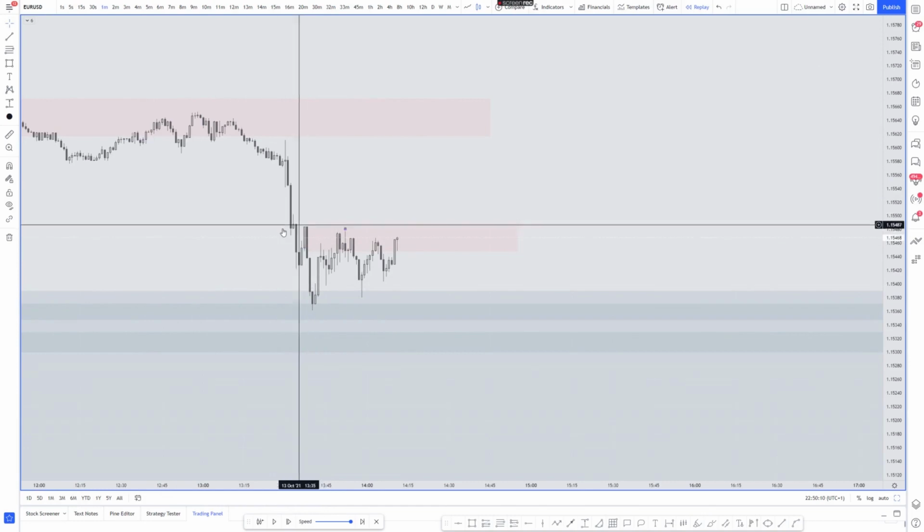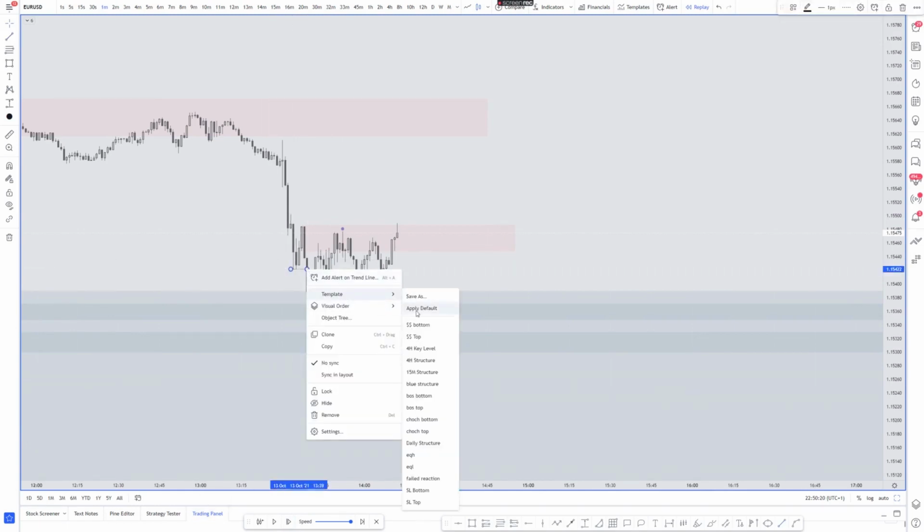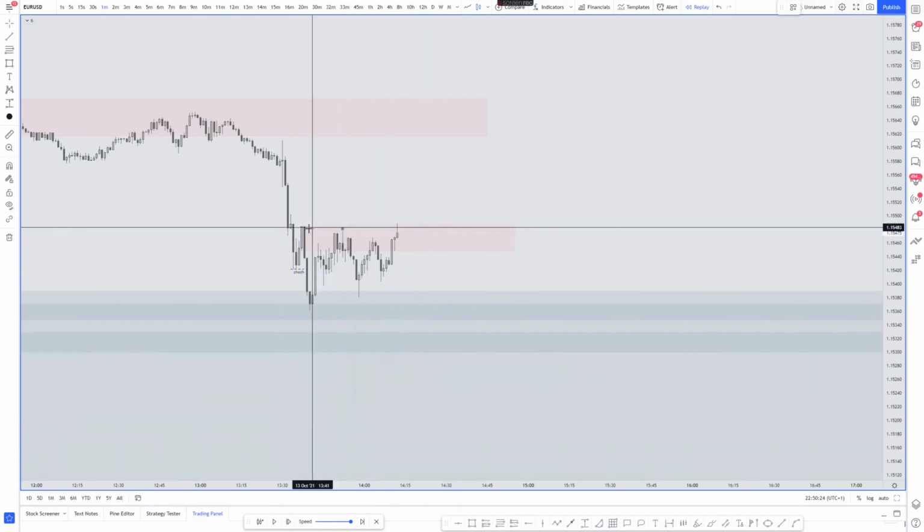we've swept the lows, we haven't swept the highs yet. Now here we complete our change of character. So we sweep the lows, and we sweep the highs.